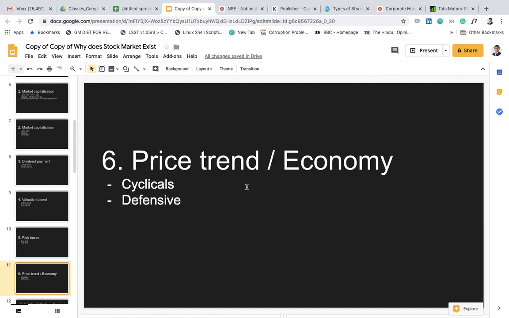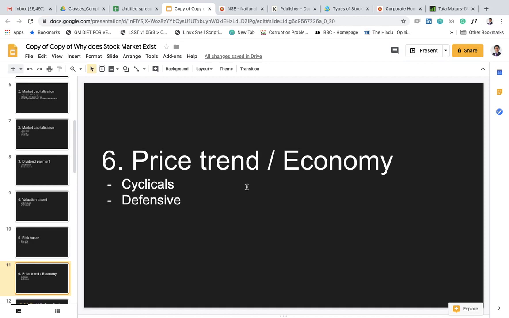So one has to be very clear which kind of stock he is buying, cyclical or defensive. Then, with news, all of us keep hearing news about the economy, right? You are well placed if you know whether you are in cyclicals or defensives. Accordingly you track.